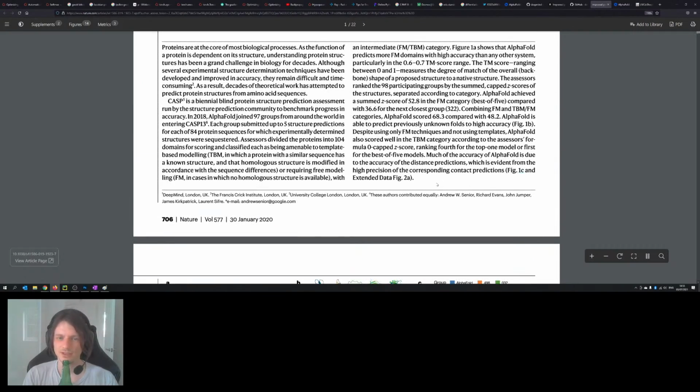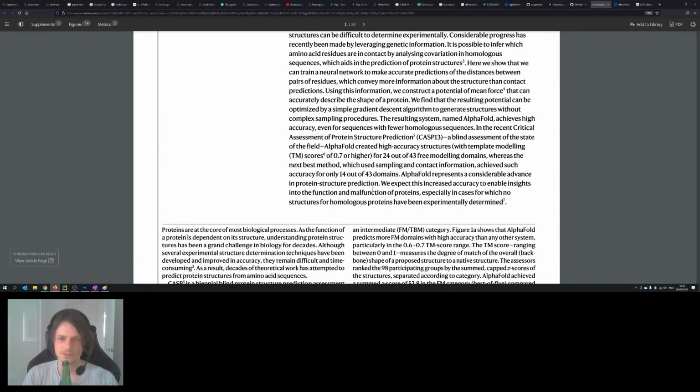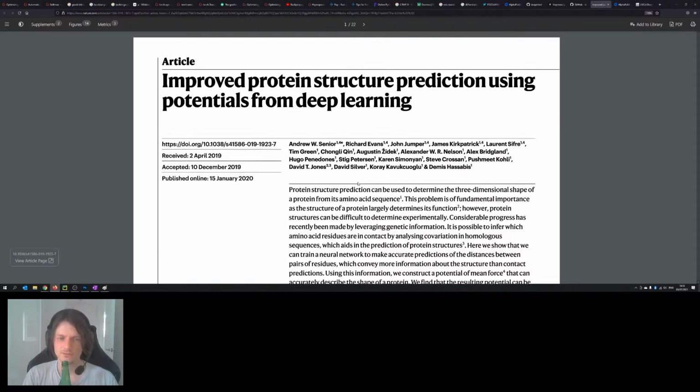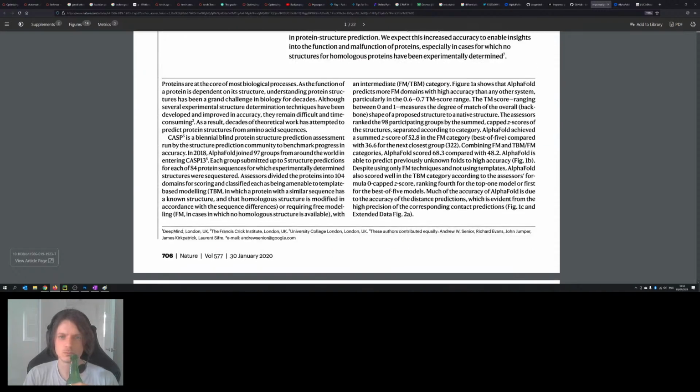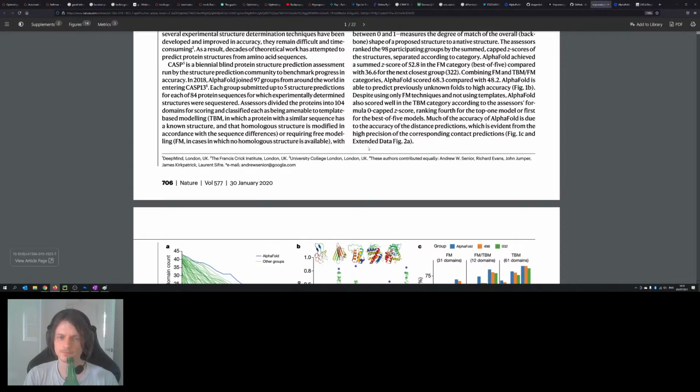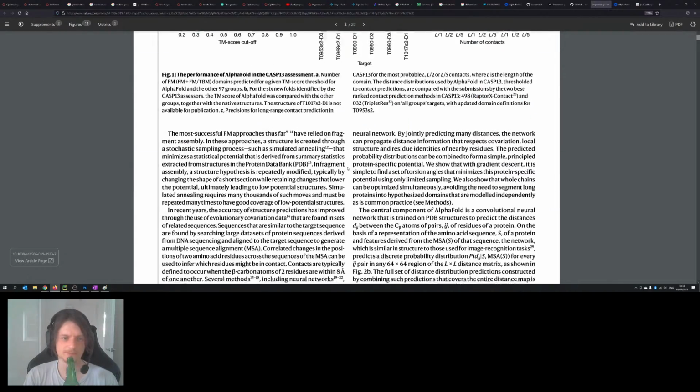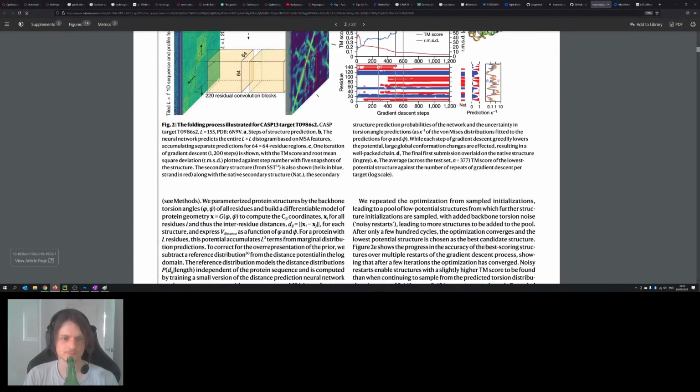Okay, anyway. What happened to Figure 1? Because I don't remember looking at that. What does it talk about? Figure 1, the performance of AlphaFold in the CASP13 assessment. Okay. And extended data Fig 2a. Where's 2a?